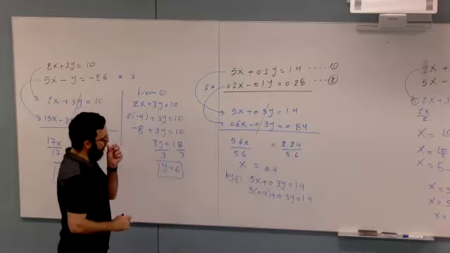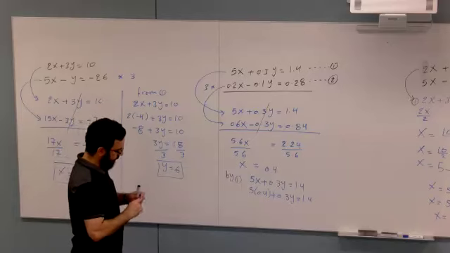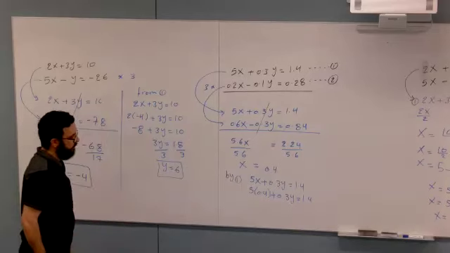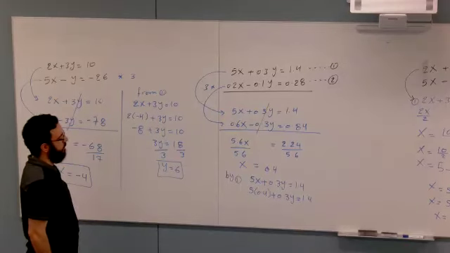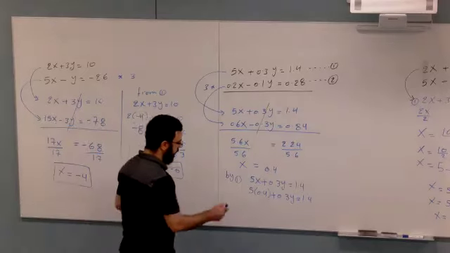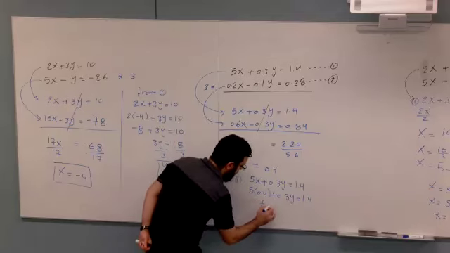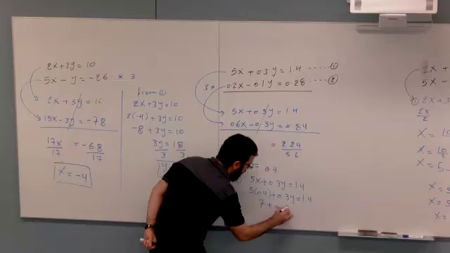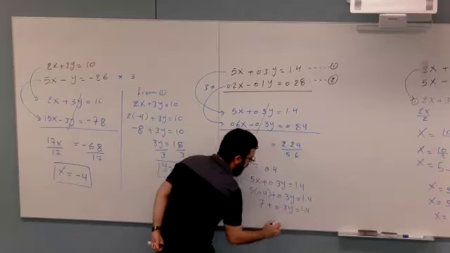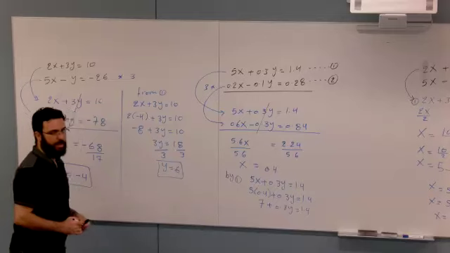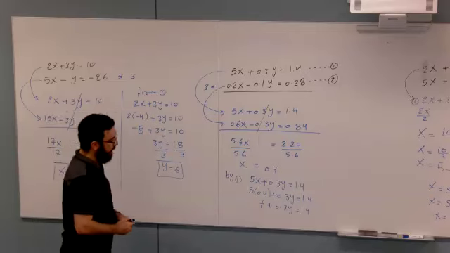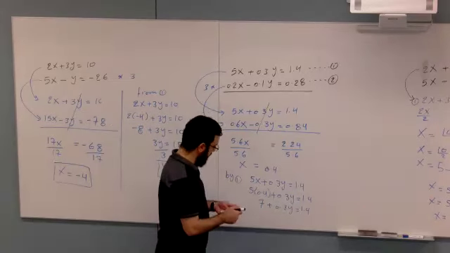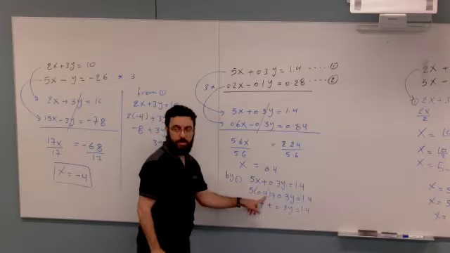Two plus 0.3y equal 1.4. How we got 2? I multiplied 5 times 0.4. Then you're gonna move this one to the other side. 1.4 or 0.4? 0.4, I wrote it wrong right here.